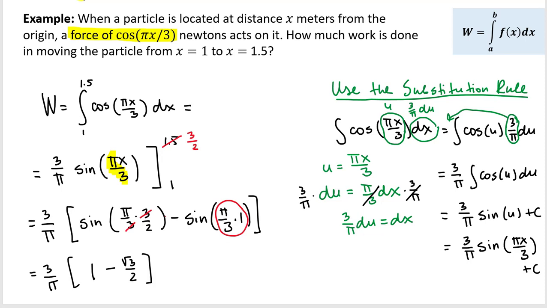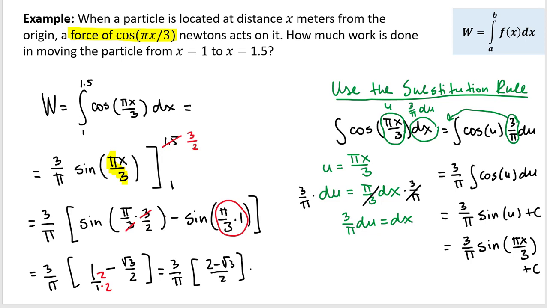And I'll combine everything into one expression. Inside the brackets, I will subtract 1 and square root of 3 over 2. So for that, I need to put 1 over 1 and multiply the denominator and the numerator by 2. So that's 3 over pi times 2 minus square root of 3 in the numerator and then 2 in the denominator.